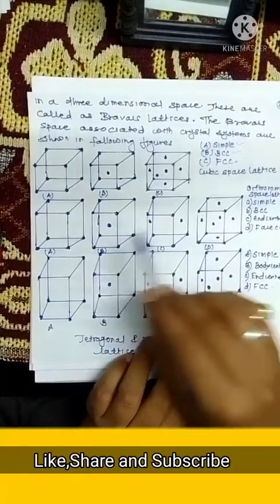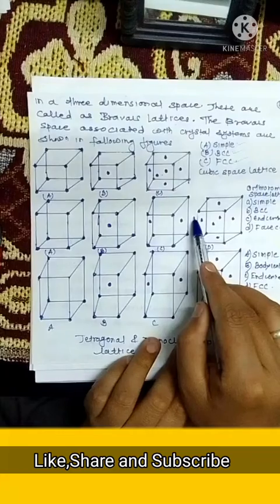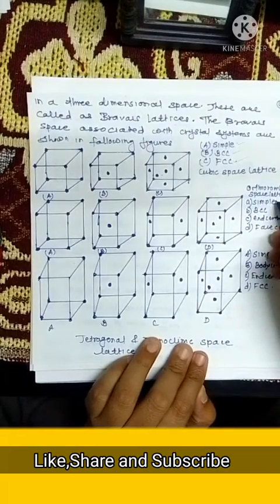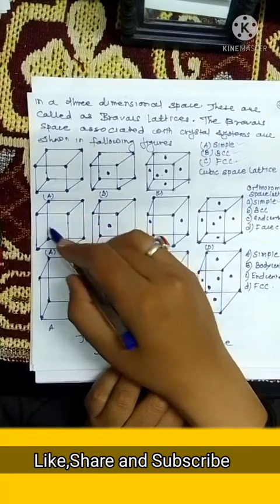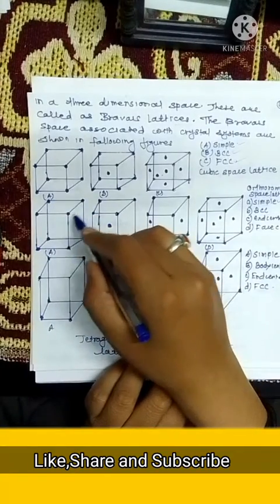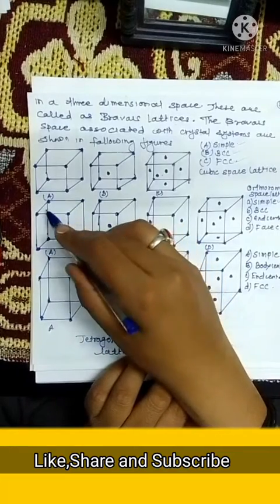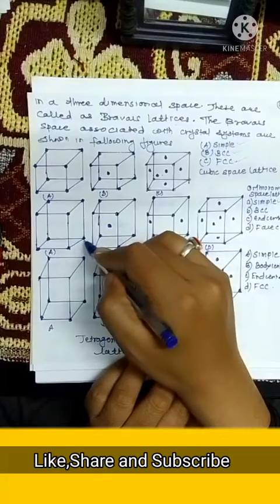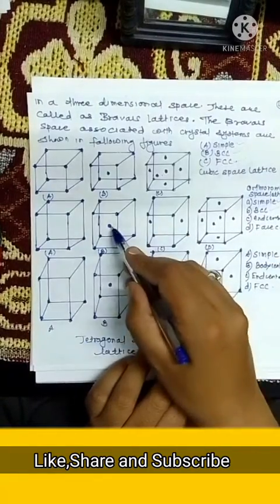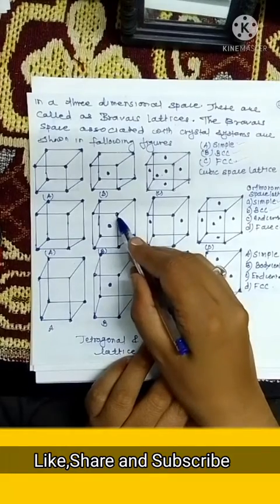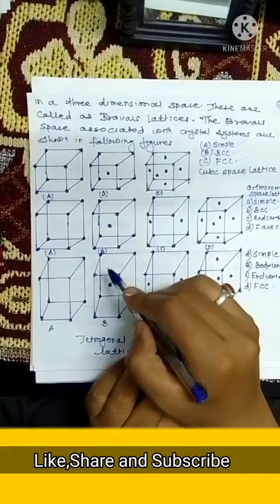This is the orthorhombic space lattice, which is further divided into 4 types, that is simple. In simple orthorhombic space lattice, 8 particles are present at the corners of the orthorhombic space lattice. In BCC, 1 particle is present at the center, 8 present at the 8 corners of the orthorhombic space lattice.